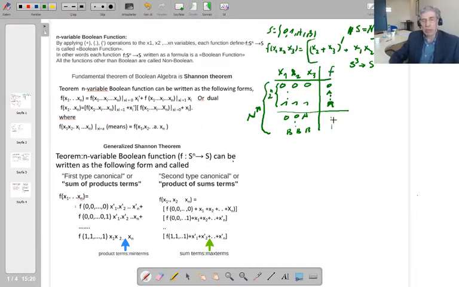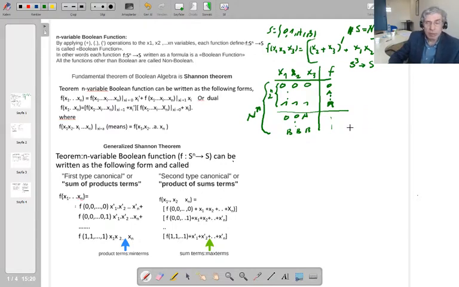Now what we are saying, this is a big table, isn't it, in order to represent one function. Instead of this, for Boolean functions, we have a chance to write one line here to represent the whole table. So it is simpler. That's why we prefer formula-written functions, which are called Boolean functions.